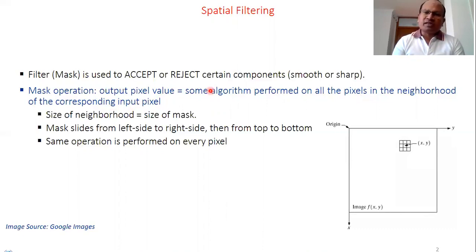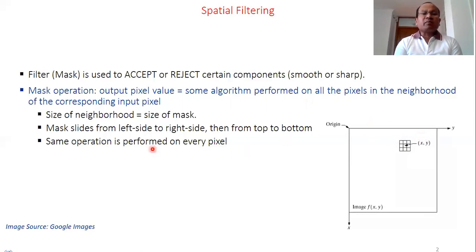There is one input pixel, and in the neighborhood of those pixels we perform certain computational algorithms, some method, so that the manipulation of those pixels takes place. The size of the neighborhood which we choose is the size of the mask. Whatever size you can see in this diagram, the size of the neighborhood will be the size of the mask, the mask used to filter in the spatial domain.